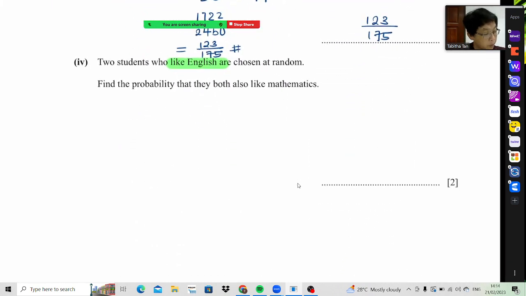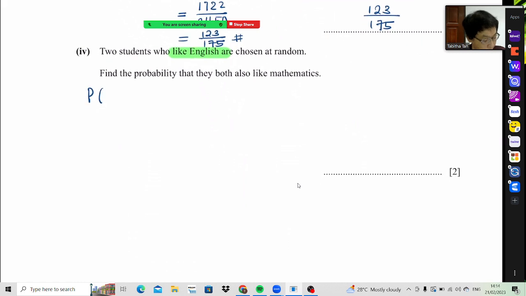Got it? Okay, let's put this idea in writing. Now let's put in the probability of the students who are chosen, who like English, and then they both like mathematics. So I'm going to put down here, from English group, and you want to pick maths and maths.